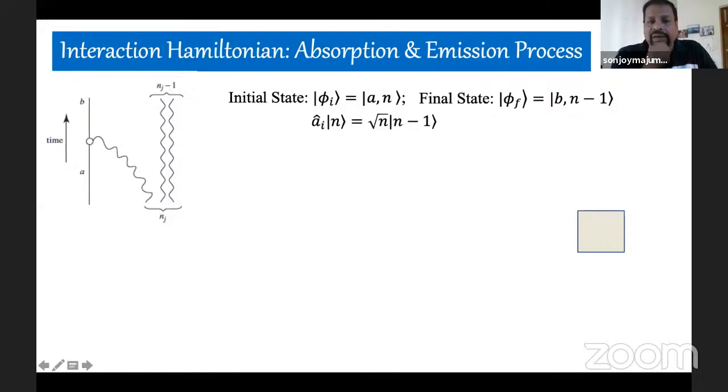To destroy a photon, you operate with the annihilation operator on the number state, and you get a square root of n. So in that matrix element, you will always get this factor because it goes from n to n minus 1.